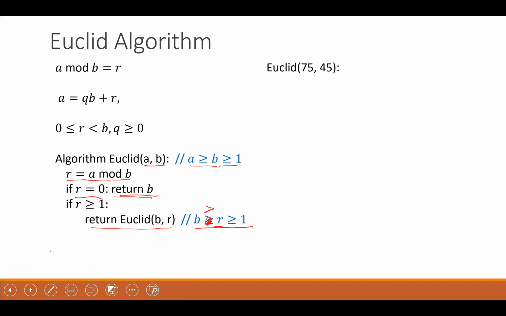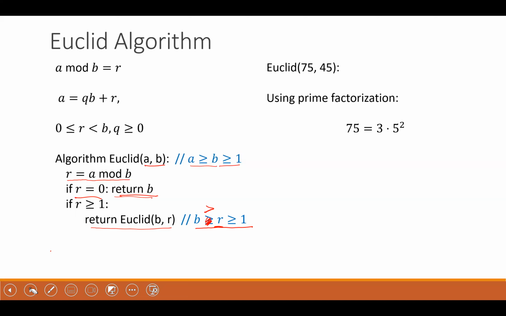All right, so that's the algorithm. That's Euclid's algorithm. Very, very simple. Recursive. We'll prove that it's correct, and then we'll see how quickly it runs. So for an example, we're going to run Euclid on 75 and 45.